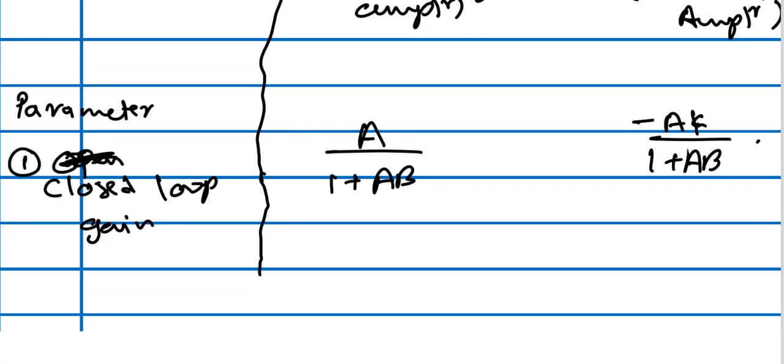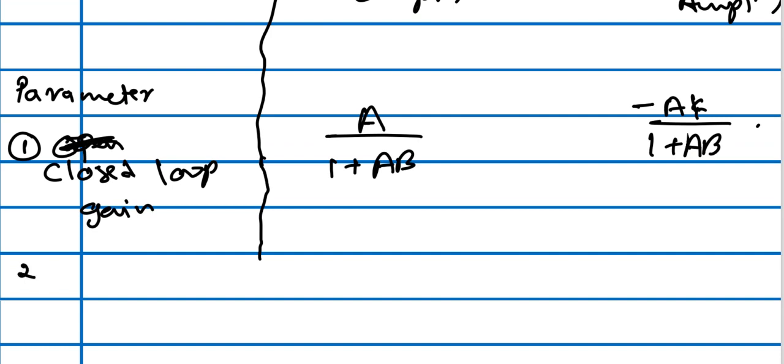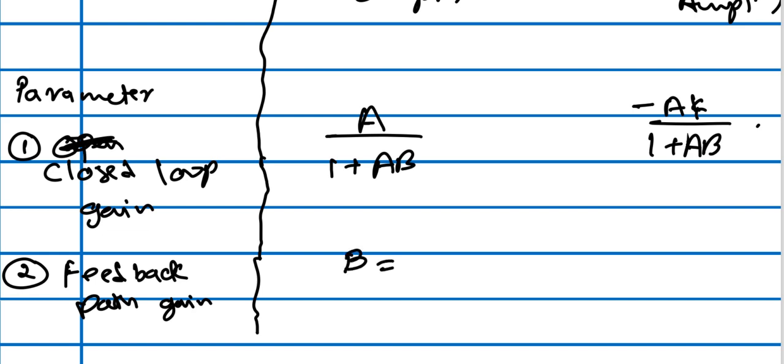Then second, I will just write there, feedback path gain. Same for both the amplifiers. Feedback path gain is B equal to R1 upon R1 plus RF. Here also feedback path gain is R1 upon R1 plus RF.